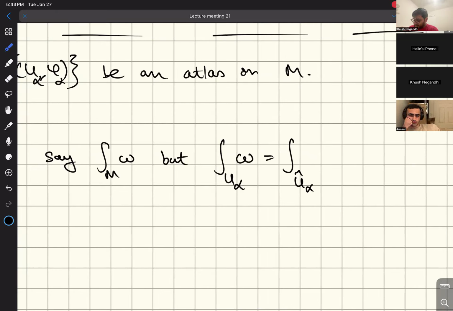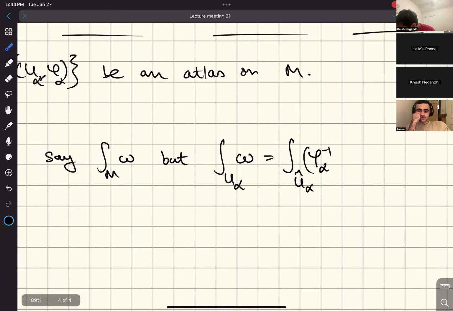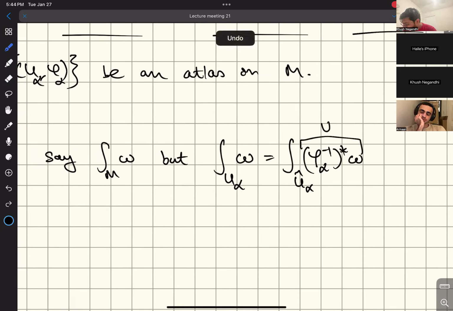And so the idea now is I want to take this form and somehow make it a form on Rn or an open set of Rn. How do I do that? I just pull back, right? So I pull back using this chart. And then I can be like, okay, this is now a form, an m-form on U hat.